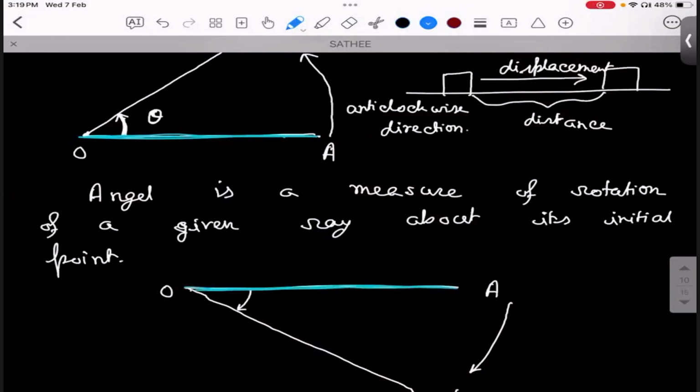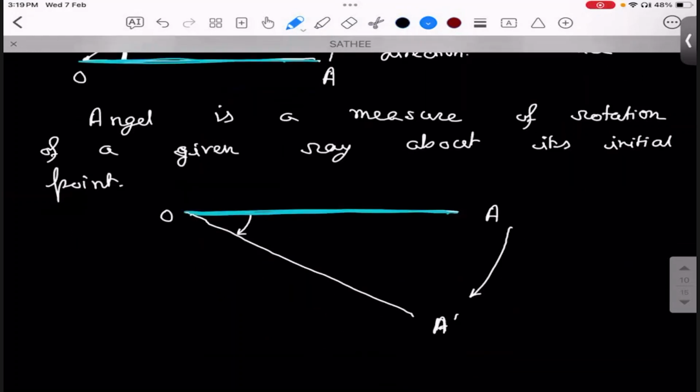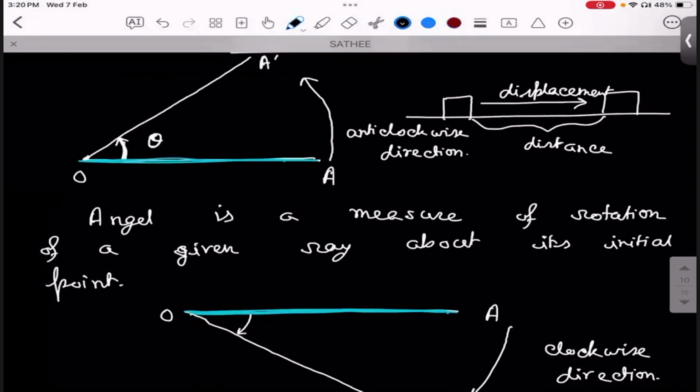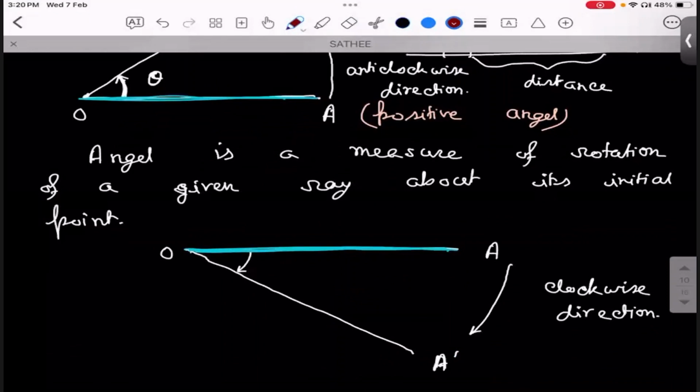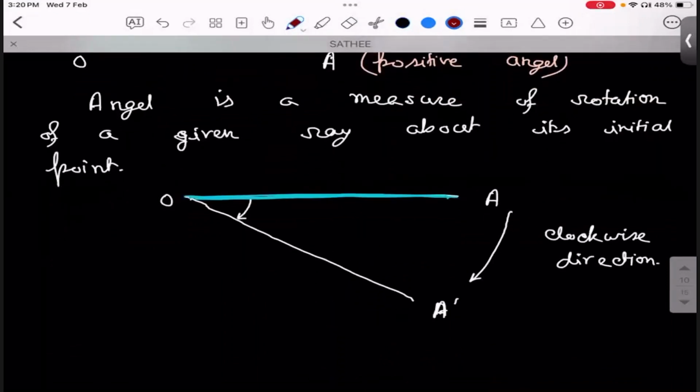This arrow denotes the direction of the rotation, which here is clockwise. Depending on this direction, we say this is our positive angle, positive theta, and this is our negative angle.